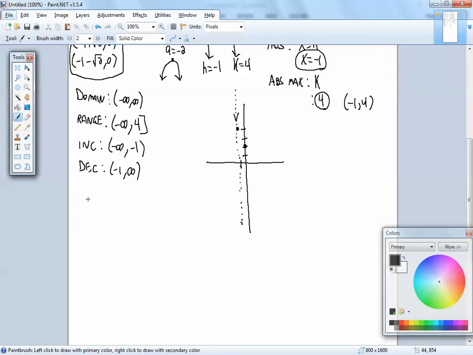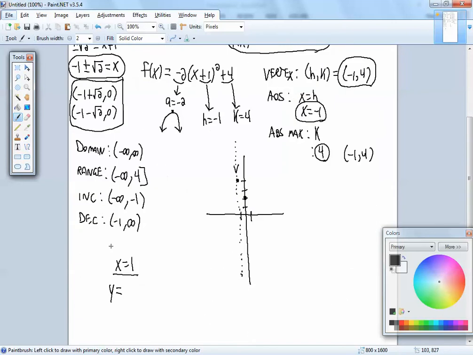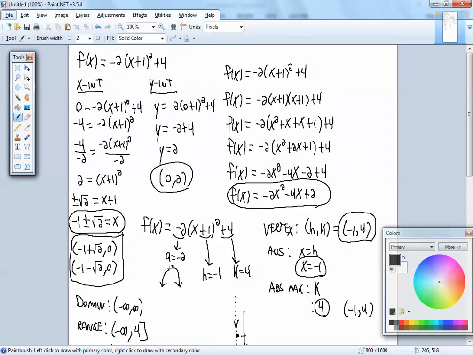Okay, what we're going to do is we're going to pick a data point. And 1 would probably be good. And we're going to plug x equals 1 back into the original problem. What was our original problem? -2 times 1 plus 1 squared plus 4.